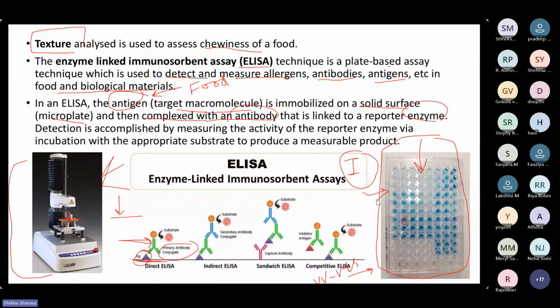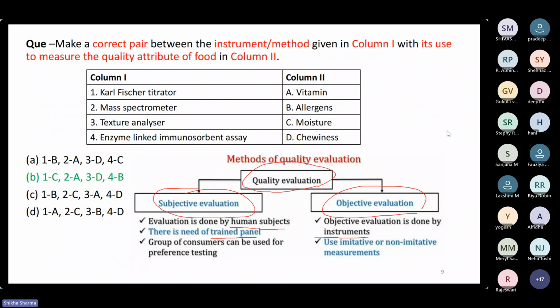Based on that we can understand how much antigen is present or how much antibody is attached to the antigen. So this is the test for ELISA.